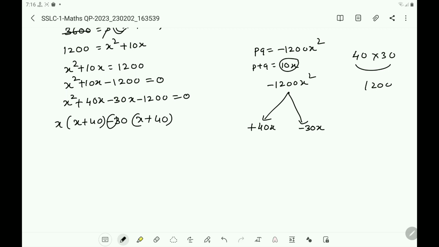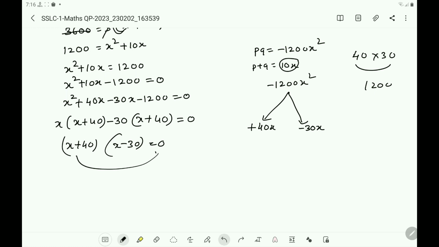Here minus is outside, means the sign changes when the terms come in the bracket. That equals 0. Now here x plus 40 is a common factor. Take it as common, and here what is remaining? x. In the other bracket you write x minus 30 equals 0.